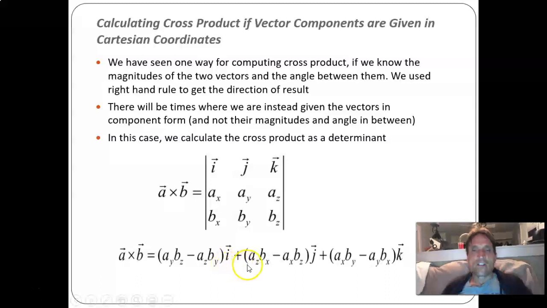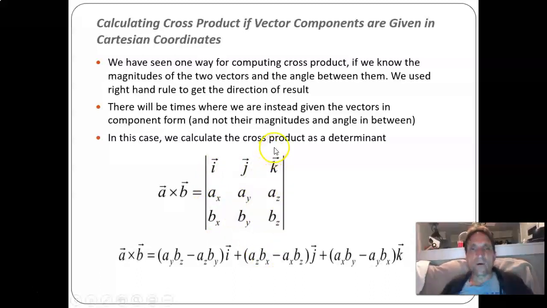For the J component, which is here, we cross out the second column in the first row, and we use AZ times BX minus AX times BZ.